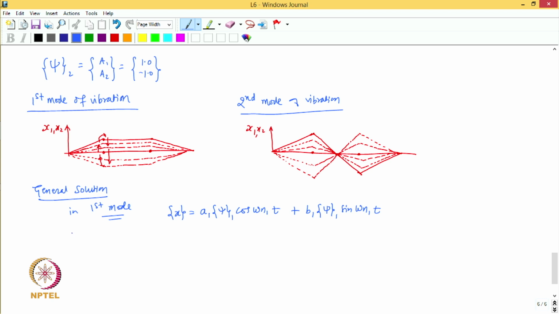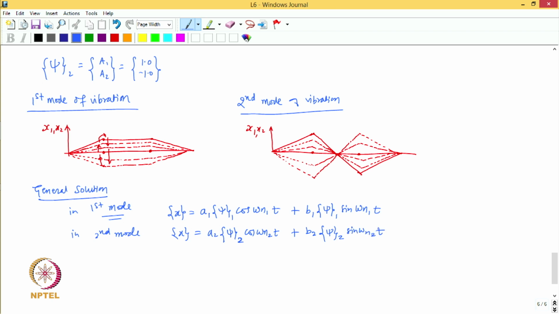Similarly, in the second mode, the general solution of free vibration can be written as A2 psi 2 cos omega n2 t plus B2 psi 2 sin omega n2 t, where the second eigenvector governs the displacement pattern.